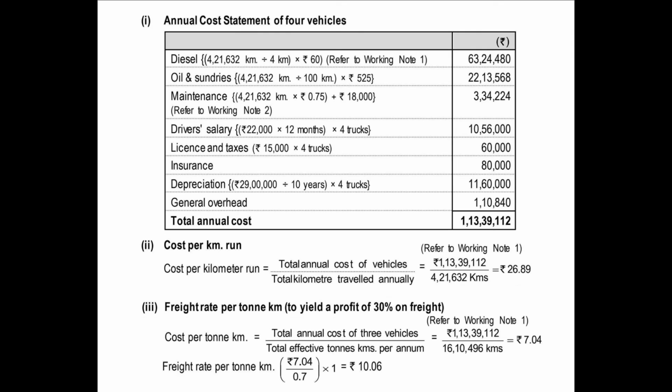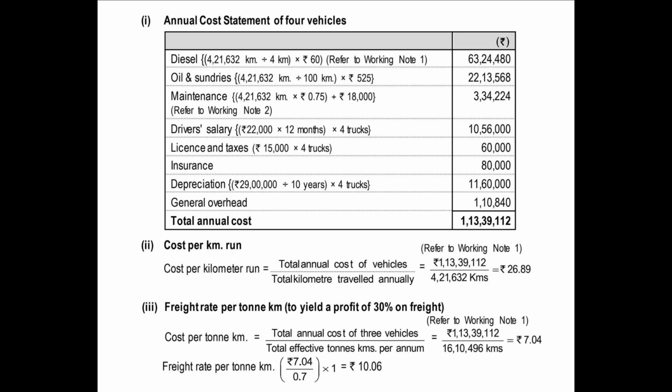Within revenue only the profit portion is available, so deduct the profit portion from revenue. Revenue is 100%, profit is 30%. Deduct 100 minus 30, and the remaining is called cost here. Anything given on freight or on cost should be assumed as 100. Here the profit is calculated on freight, so freight should be assumed as 100, profit as 30, and cost the remaining 70%.